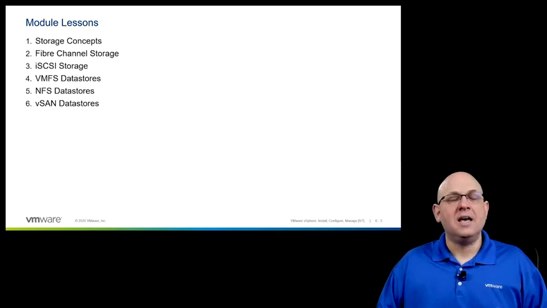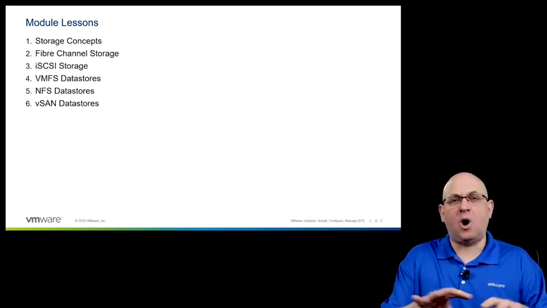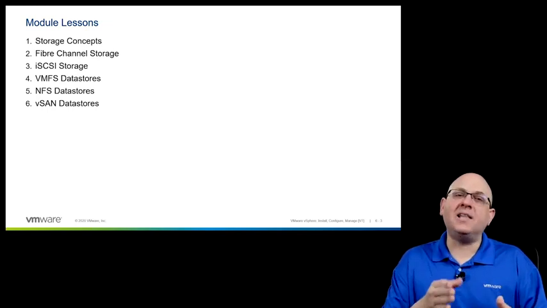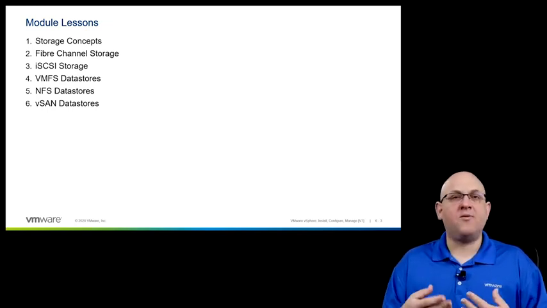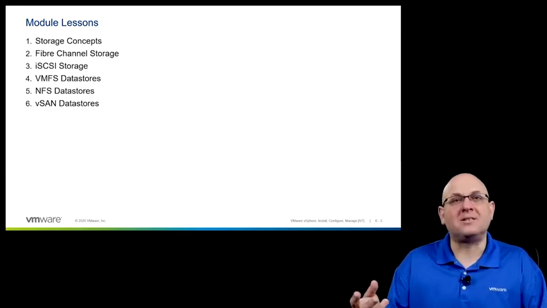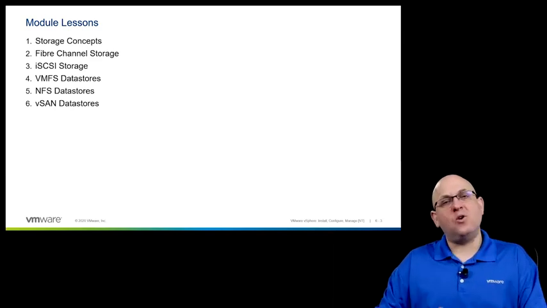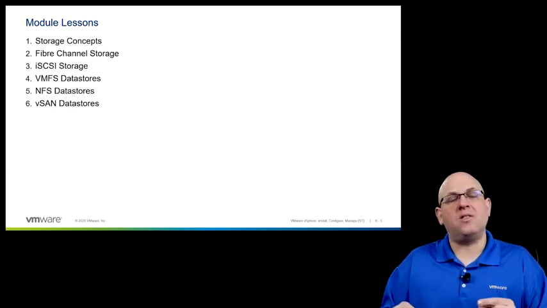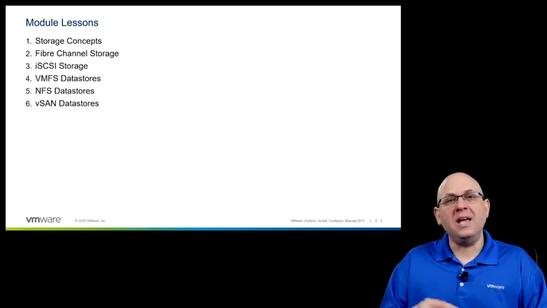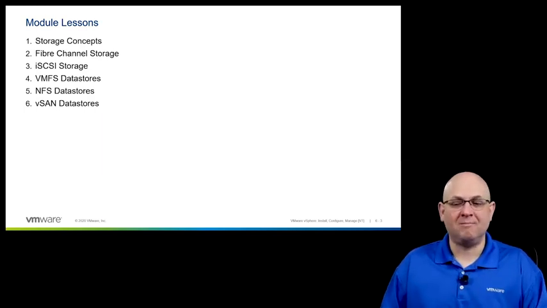What vSAN does is it places your storage capacity and performance and all of those things inside your ESXi hosts in the form of NVMe devices or solid state devices or even spinning disks, I suppose. But they go inside your ESXi hosts. And then you create a vSAN network on the back end to allow each host to access each other host's storage systems. Okay?